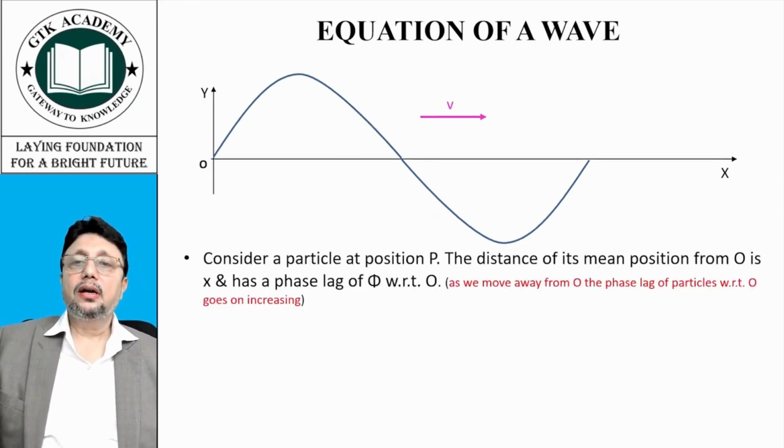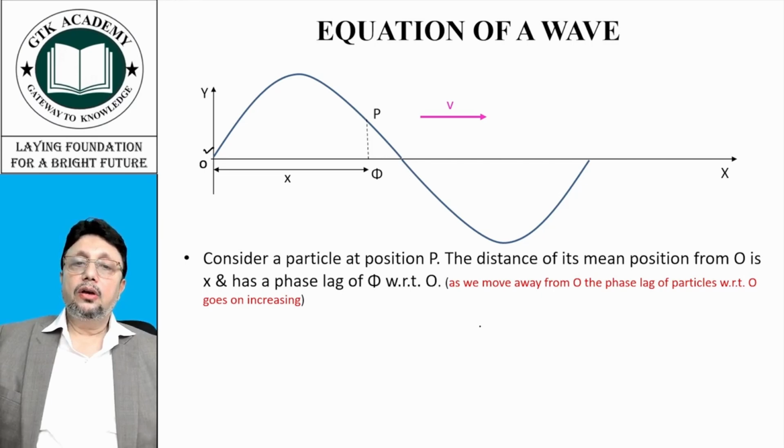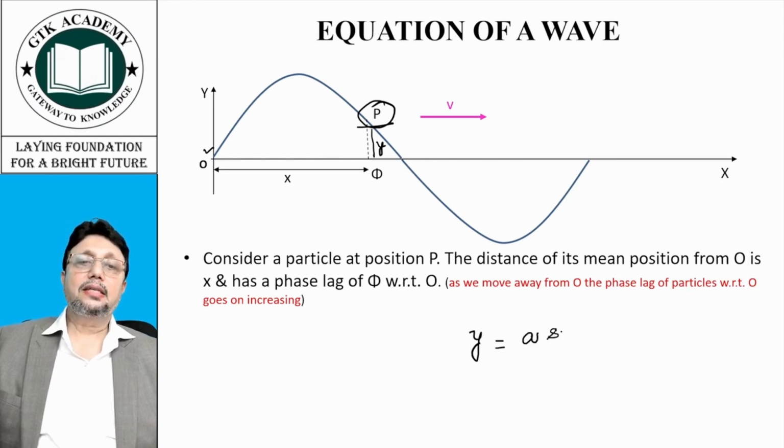Now, consider a particle at position P, which is at a distance x from O and has a phase lag of phi with respect to O. Now, the displacement y of O can be written as a sine omega t.